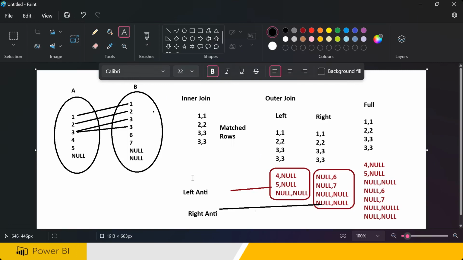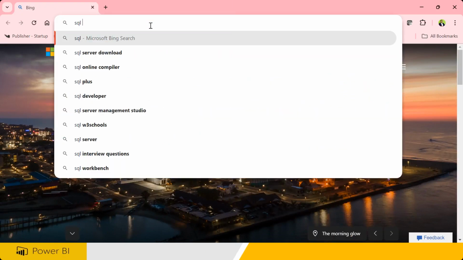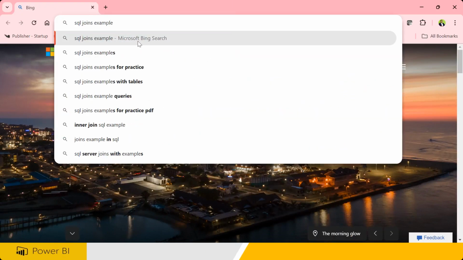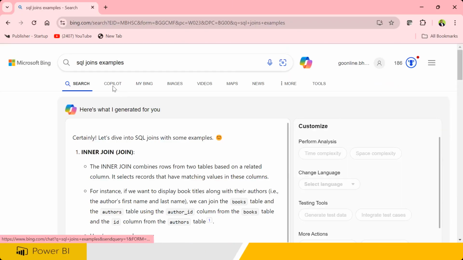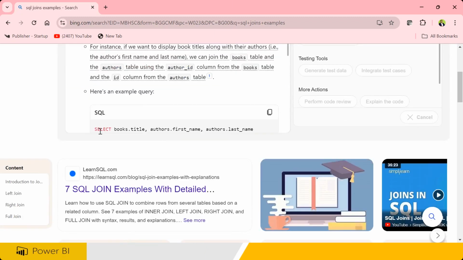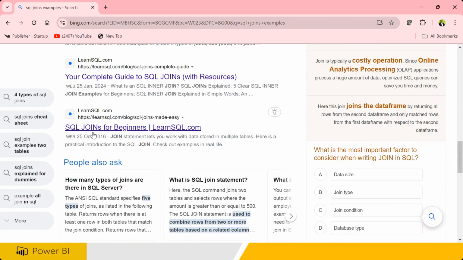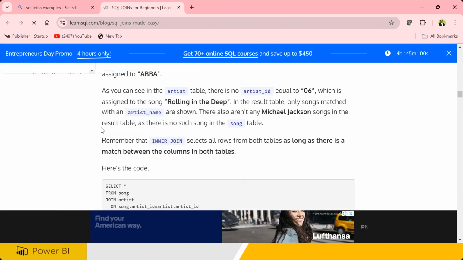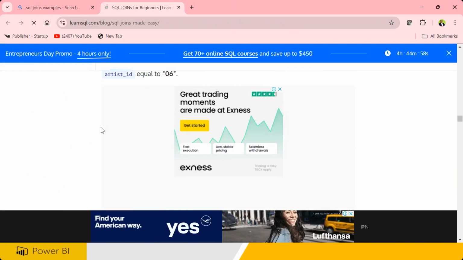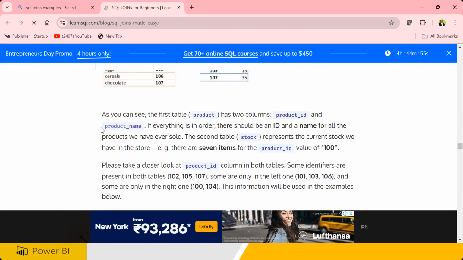This is SQL. I'm not drawing that, but on Google many people teach SQL concepts using those Venn diagrams. Clear? If you go to Google, you will be able to find SQL joins examples, some diagrams.